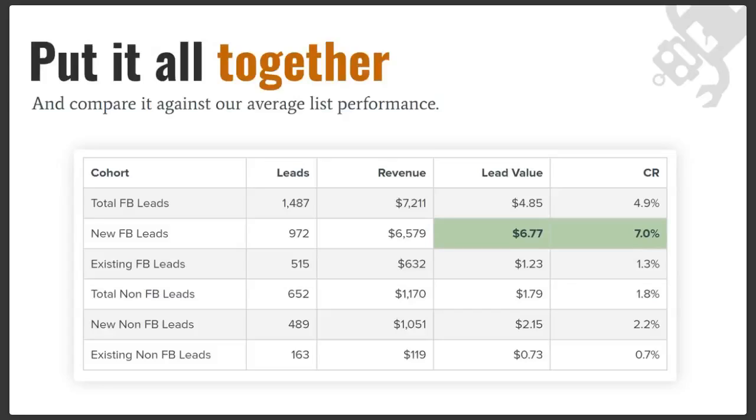Total Facebook leads has similar, but that's because new Facebook leads is included in that. If we look at our standard non-Facebook leads, we're looking at $1.79. Even if we're looking at new non-Facebook leads, we're looking at only $2. So we have a lead value. We make 3 times as much from new Facebook leads as we do from our normal users, and we convert at higher than 3%. We have a conversion rate of 7%.